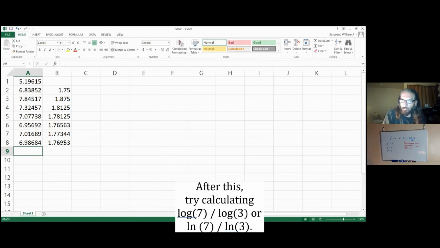Too low. So we're halfway in between the last two. Too high. So we're halfway in between the last two.